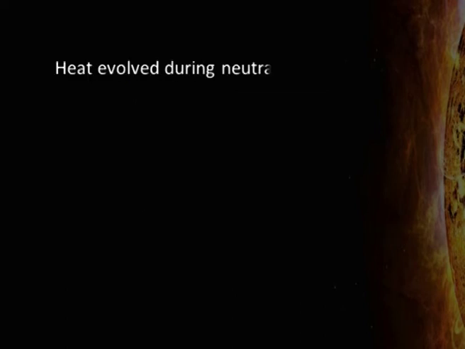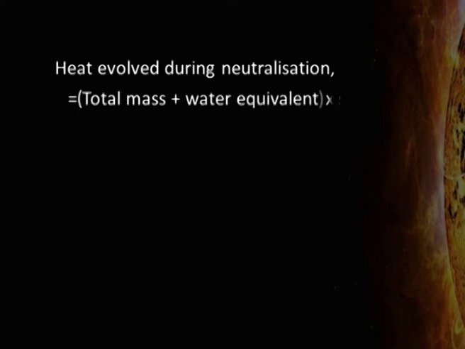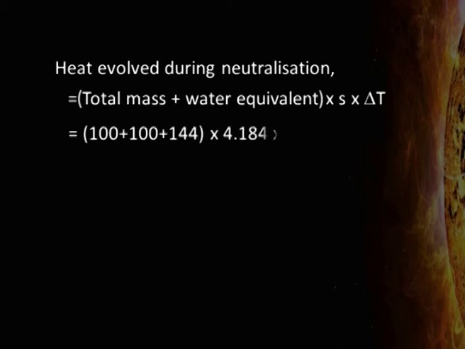Hence, the heat evolved during neutralization will be equal to the total mass of the solution plus water equivalent, multiplied by the specific heat of the solution, multiplied by delta T. This will be equal to 100 plus 100 plus 44 multiplied by 4.184 multiplied by 2.8, which is equal to 2858.5 joules.